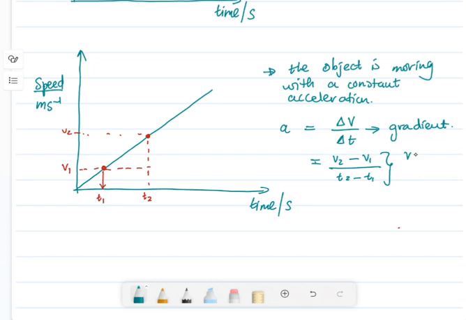Please don't get me wrong, this is still the same as v minus u over t, where v is the final speed, u is the initial speed, and t is the time taken in between.